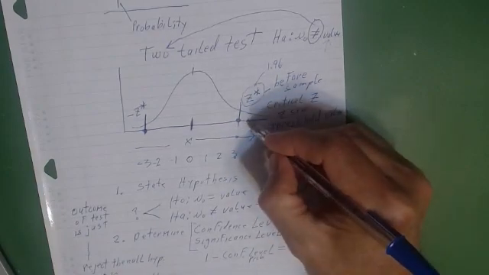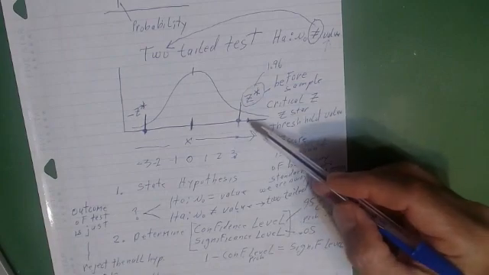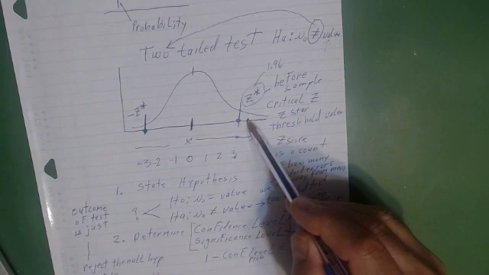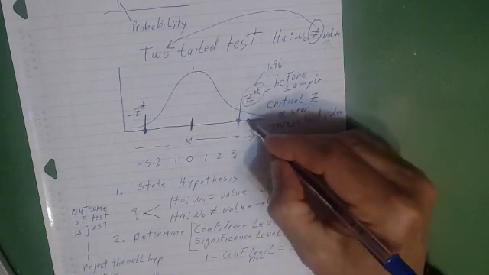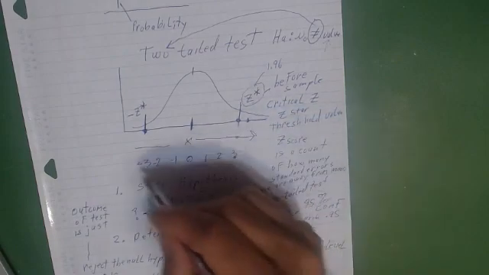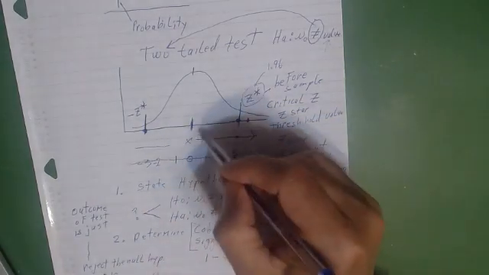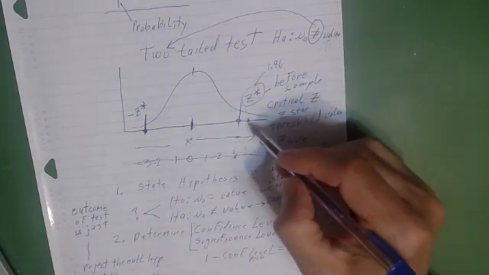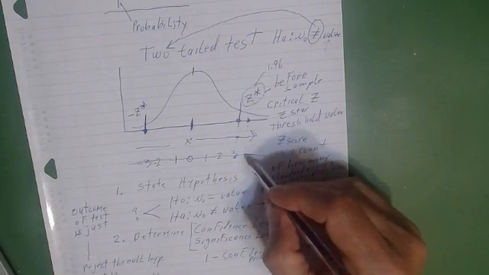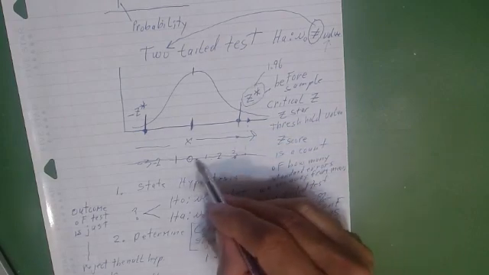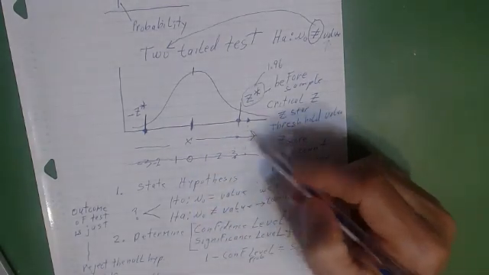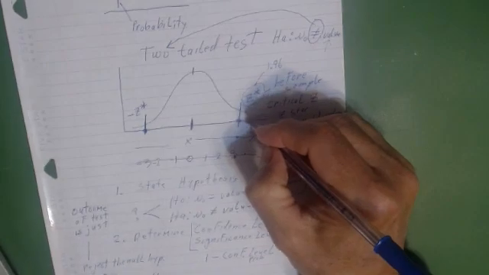Let's say this point's where our sample hit. That's our X bar. So this is an X scale here. Our X bar value was right here. Well, this X bar has a z-score associated with it, right? This other scale, which also goes along here. So we're just wanting to know, for this X bar, what is the z-score? What's the value of z? How many standard errors away from this mean are we? And so we get a number for that, okay?